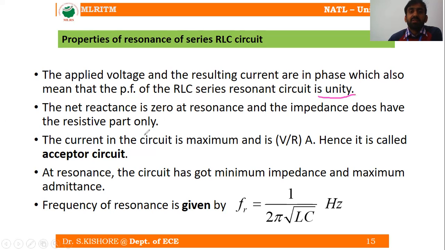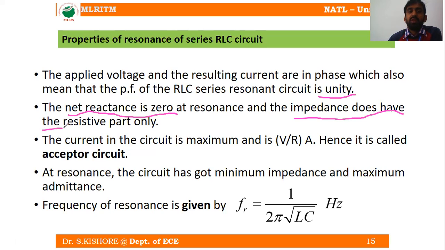And the net reactance is going to be equal to 0 at resonance, because the total reactance is XL minus XC. At resonance, XL is equal to XC, so the net reactance is 0. And the impedance is going to have only the resistive part.